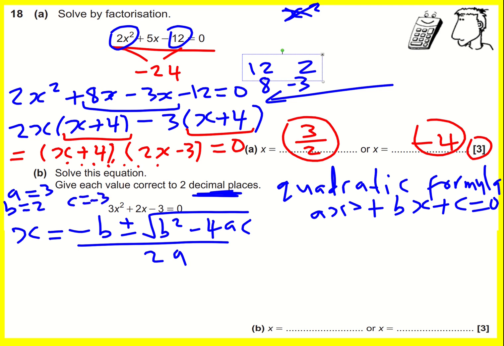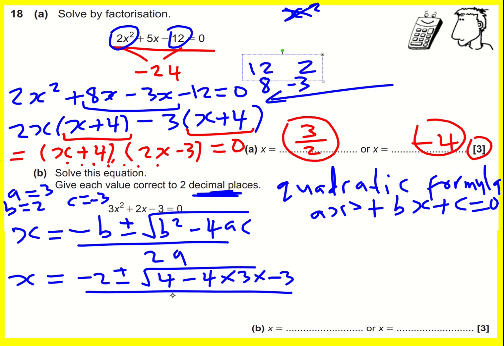Note that there, you need to incorporate that. X is then equal to minus 2 plus or minus the square root of b squared, which is 4, minus 4 times 3 times minus 3, all divided by 6, because that's 2 times 3. Alright, I'm not going to do any more by hand.